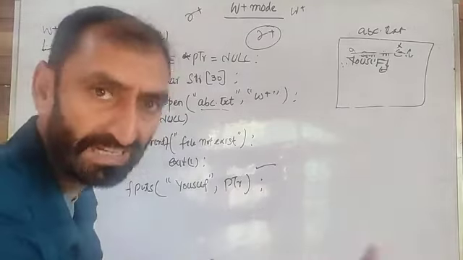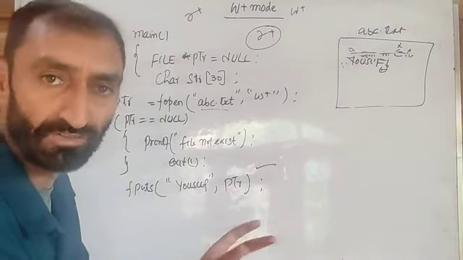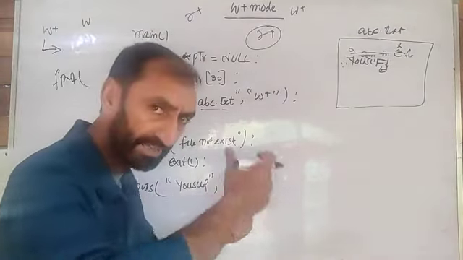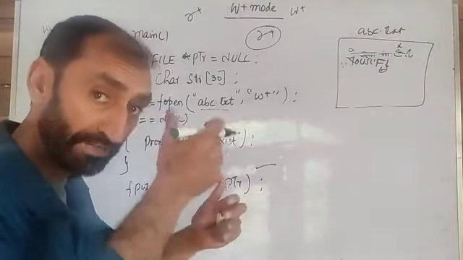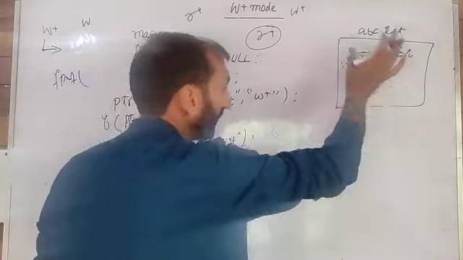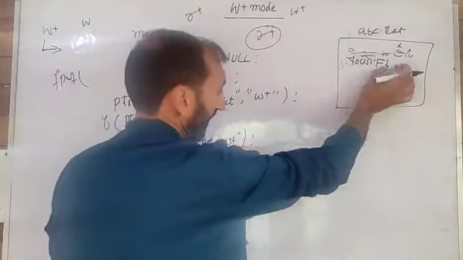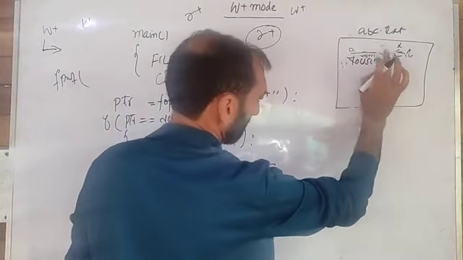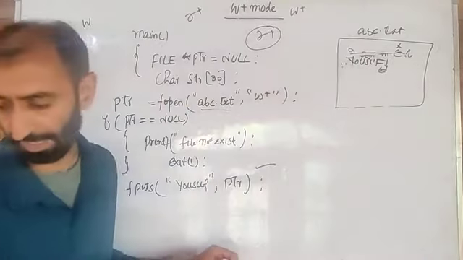It will truncate that file to 0, the contents which are already present in that file will get erased, and the new contents will get written on that file. But the cursor will reach the end here, after the last character.